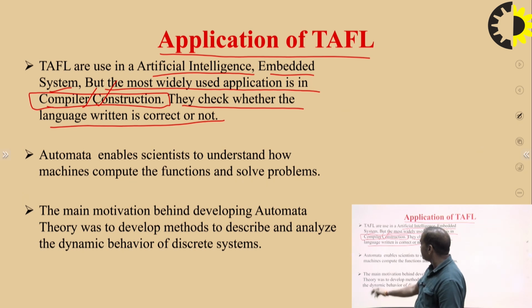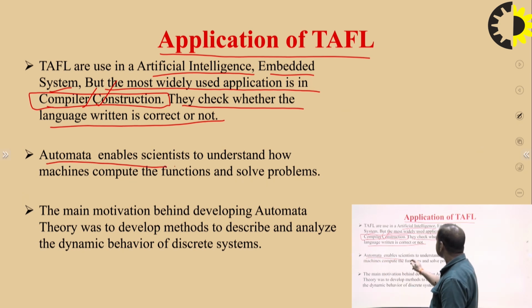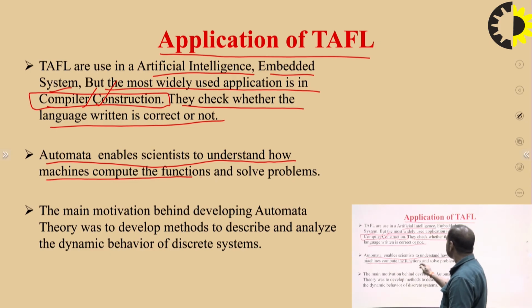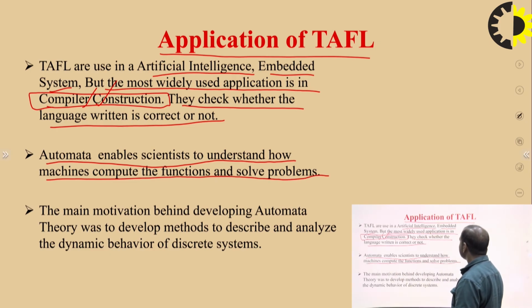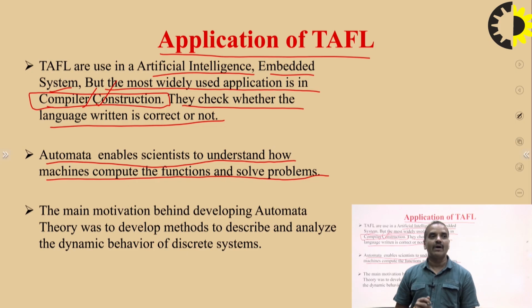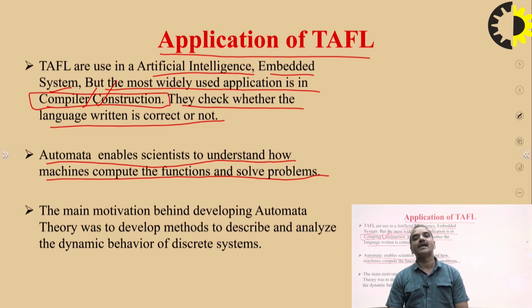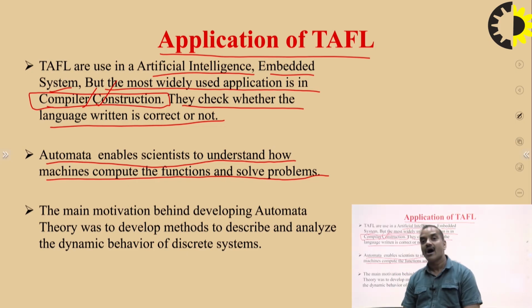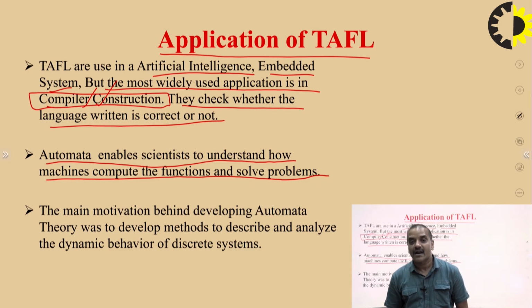The next point is that automata enables scientists to understand how machines compute fundamental functions and solve problems. It also helps scientists understand the functionality of a given machine, how the machine is working, how the string is processed, and how the output is generated.